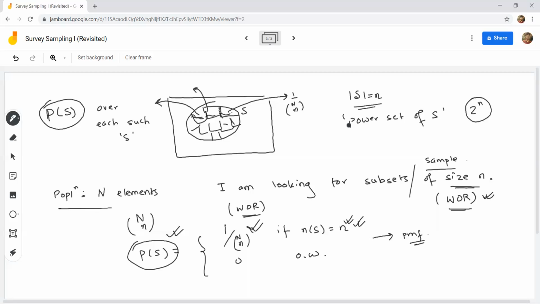I can assign a probability distribution like this: P of S is A1, A2 up to AN for N such samples such that the summation of Ai is 1. So you can assign any PMF to this, not just 1 by NCn. You are just assigning a probability distribution, and by that distribution you're drawing samples. Is this clear now?